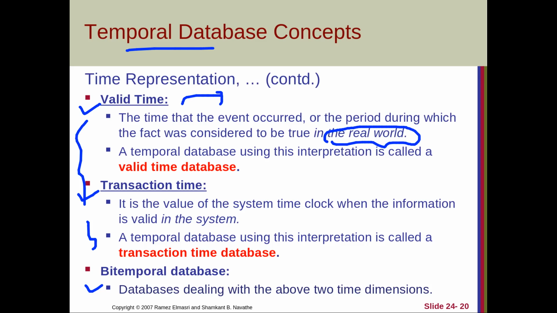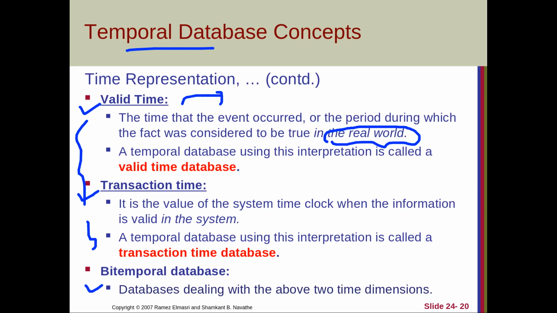For example, one employee was working in a particular organization from a particular date to another date. This is a duration event that happened in the real world. An employee was working between these two dates.